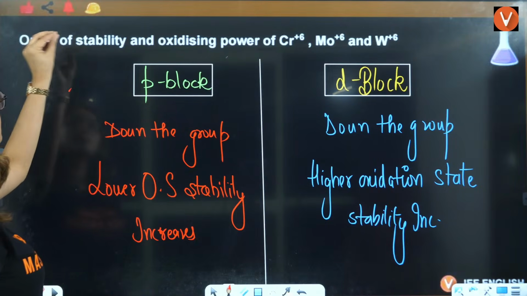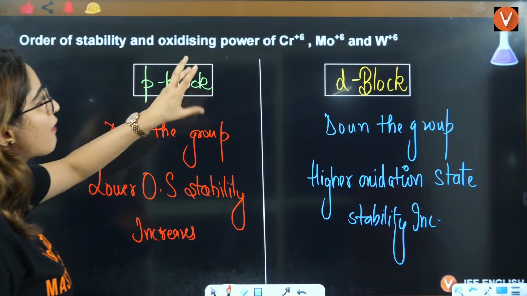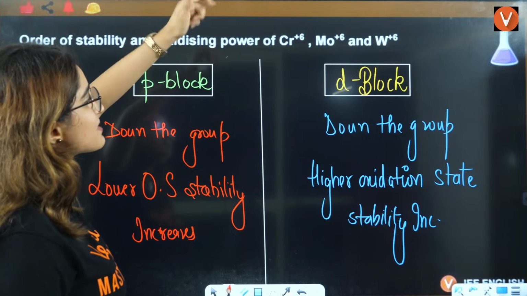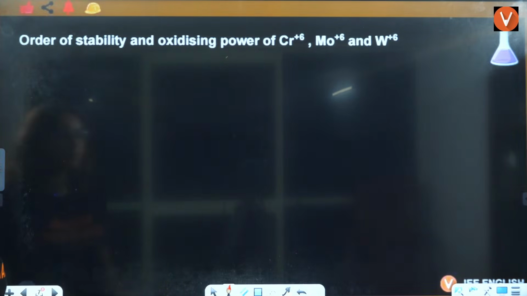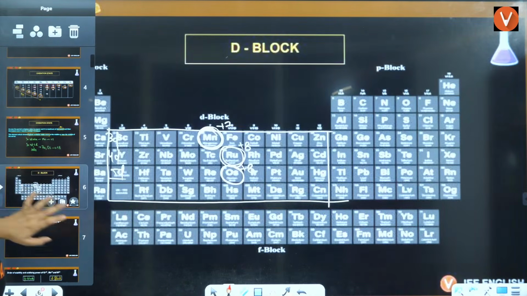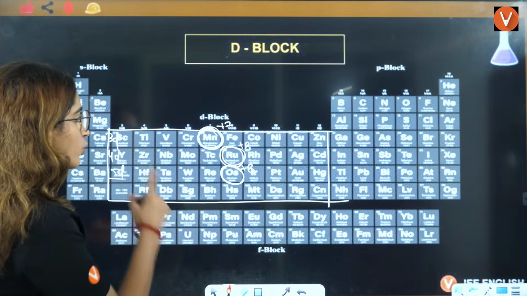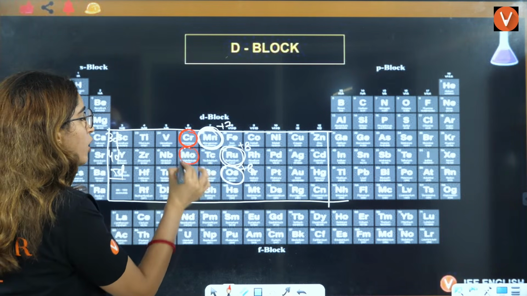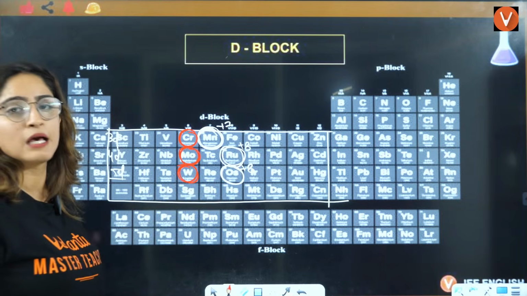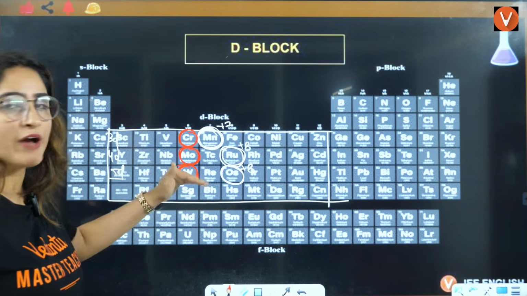So this is a question: stability and oxidizing power of Cr(VI), Mo(VI) and W(VI), okay? If you see here, where is chromium? This is chromium, this is molybdenum, this is tungsten, 3D, 4D, 5D series.